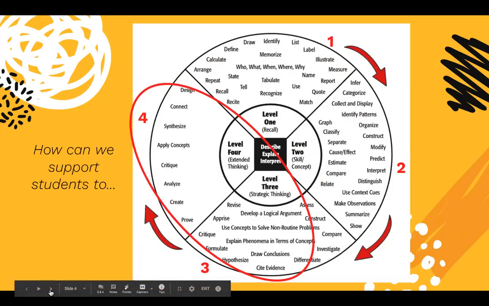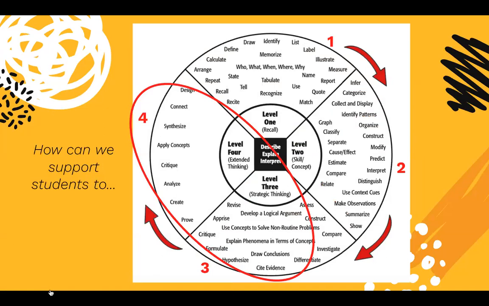What this looks like in a wheel fashion on the depth of knowledge wheel, as many of you might be more familiar with seeing, we want to push our kids to level 3 and level 4, the strategic thinking and the extended thinking. So when we're using words like design, connect, critique, analyze, revise, develop, construct, compare, investigate, we're really pushing students beyond the recall and the real simple compare and contrast and identifying cause and effect and predicting.